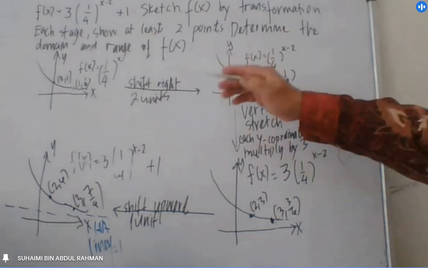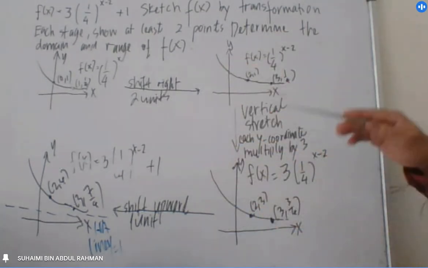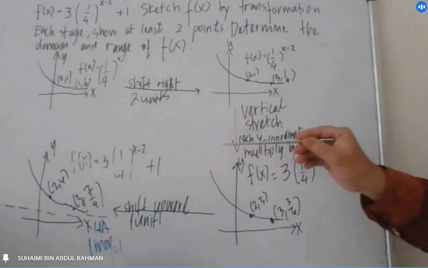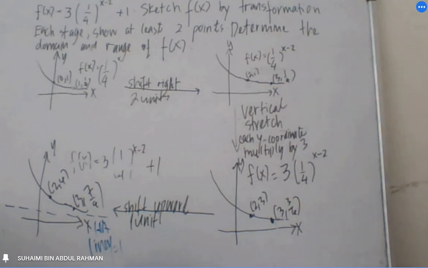So for this case, we have no reflections, so we have only 3 types of transformations.